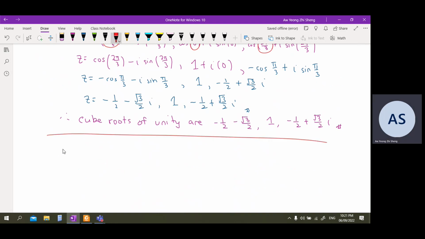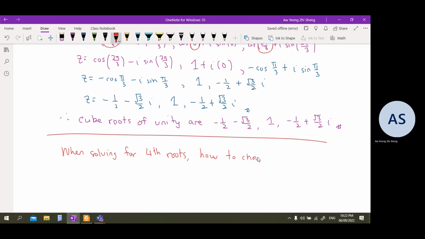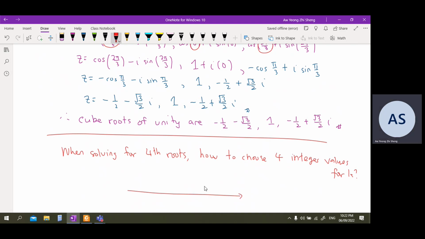So when solving for fourth roots, how to choose 4 integer values for k? If we visualize the number line, obviously 0 must be chosen because 0 is the nearest to 0. The second and third nearest must be 1 and -1.